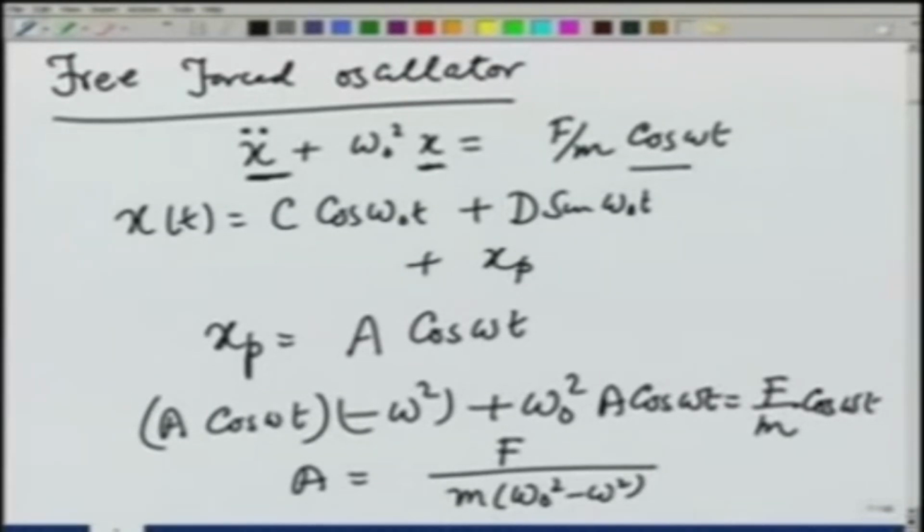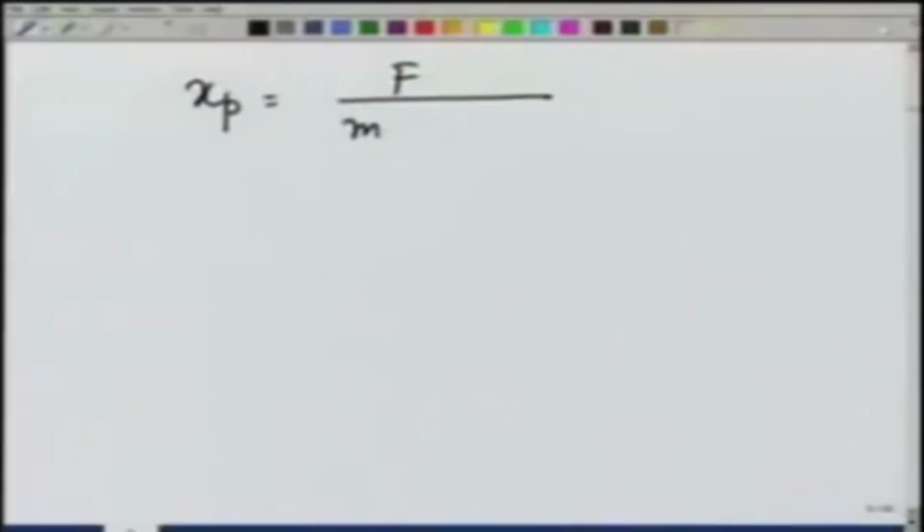So, you see, for the particular solution there is nothing arbitrary, all the quantities are fixed, and therefore, the particular solution x particular is equal to F divided by m times omega 0 square minus omega square, times cosine of omega t.